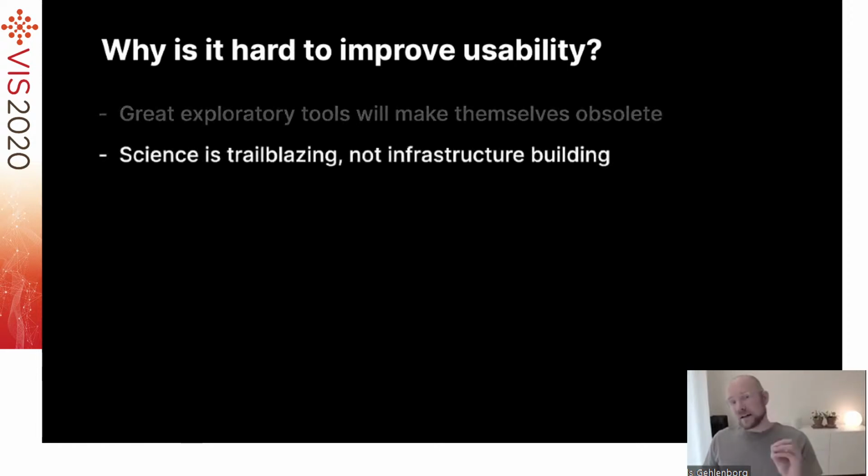So science is also a bit challenging. We're creating tools in many cases in BioVis to drive scientific progress. And scientific progress is not about creating hardened infrastructures that can be built on. A lot of science, as I say here, is trailblazing. It is moving quickly.